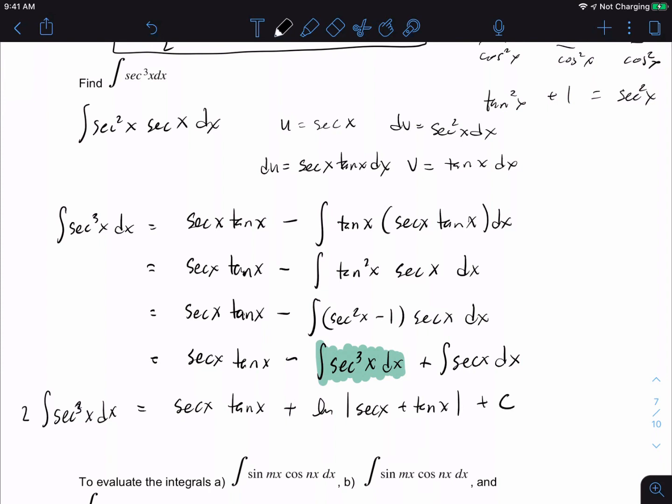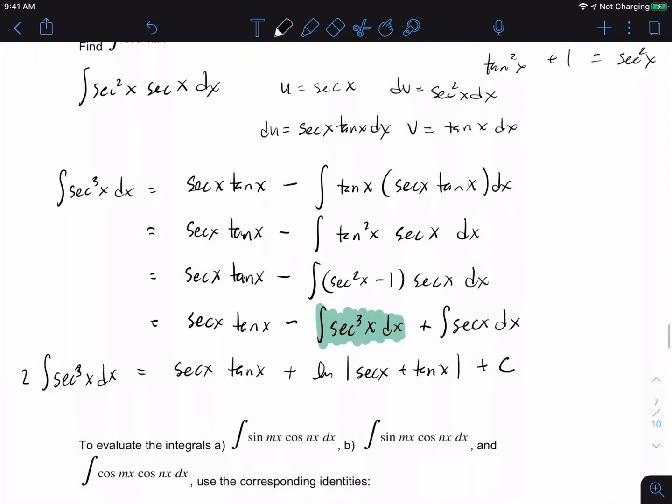Plus some constant. Do you guys agree with that? Yeah. And then we need to divide by 2 because the problem that we have only wants the integral of secant cubed. So the integral of secant cubed x dx is 1/2 secant x tangent x plus 1/2 ln of secant x plus tangent x plus some constant c, and that's our solution.